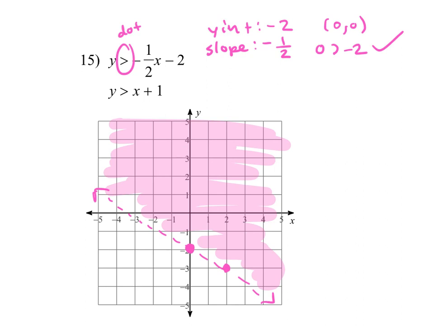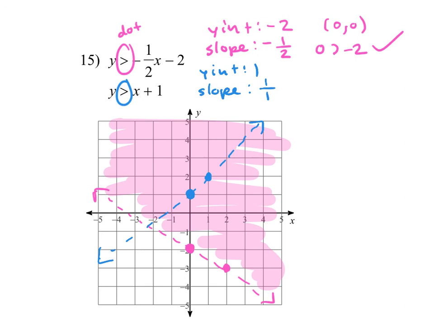Okay, next. What's our y-intercept? 1. So we put a point at 1. What's our slope? 1/1. So we go up 1, over 1. Do we connect these 2 points with a solid line or dotted line? Dotted. Now we need to test where we shade.